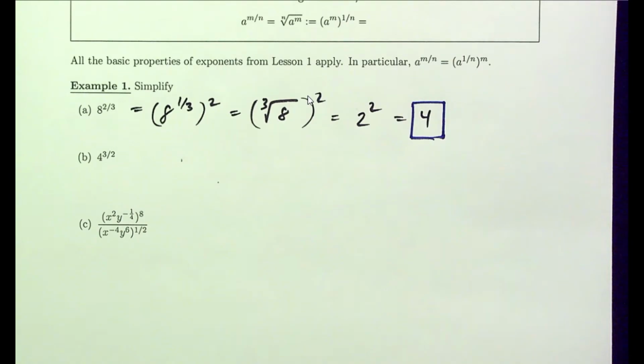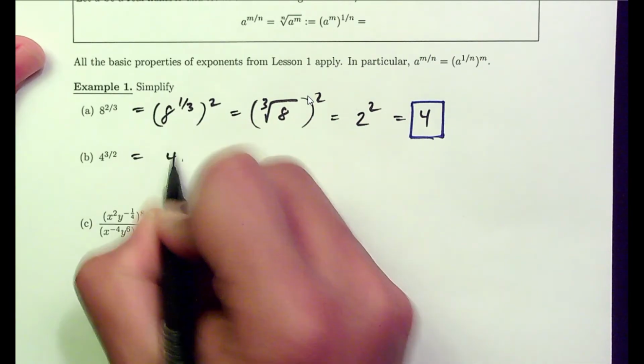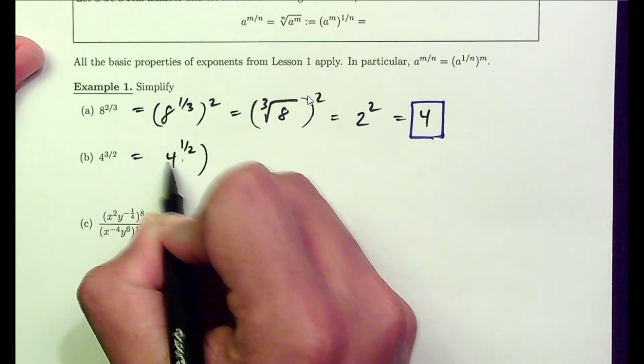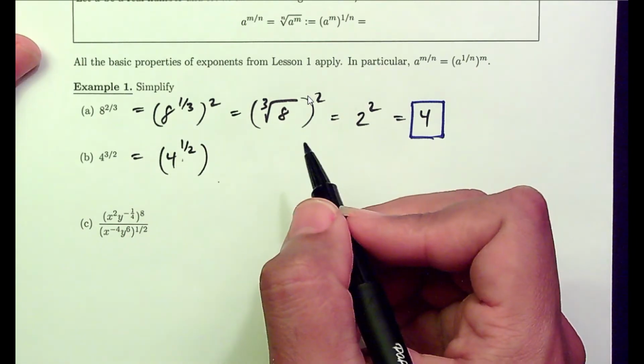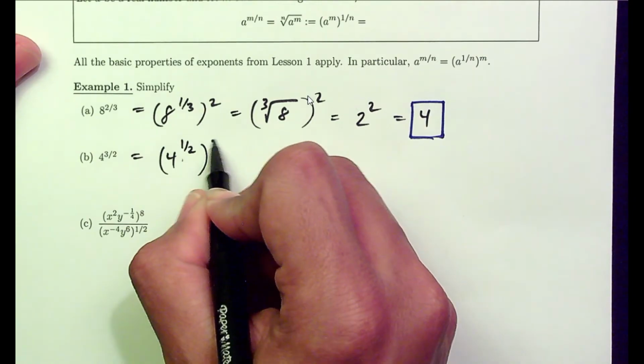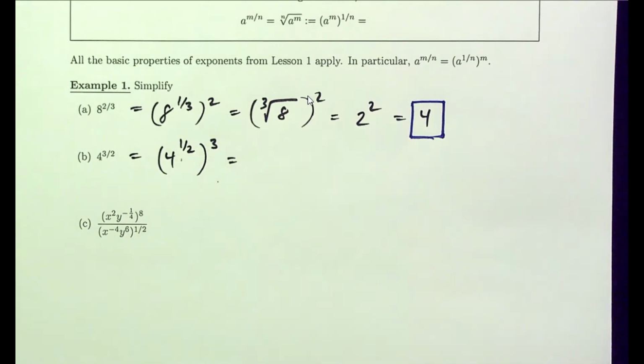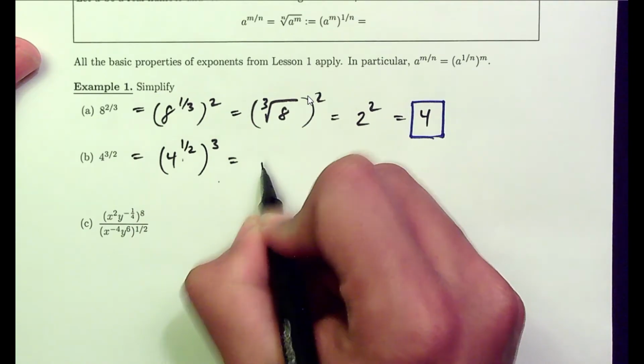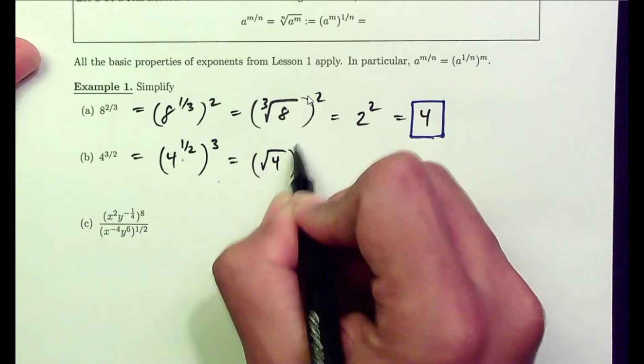All right, let's do the next one. This is similar. So 4 to the 3/2. That will be 4 to the 1/2, doing the denominator part first, and then to the third. 1/2 times 3 is 3/2. 4 to the 1/2 really is the same thing as the square root of 4.